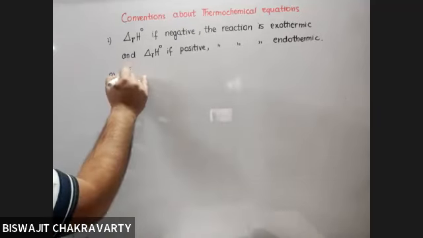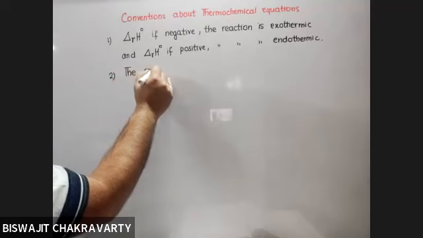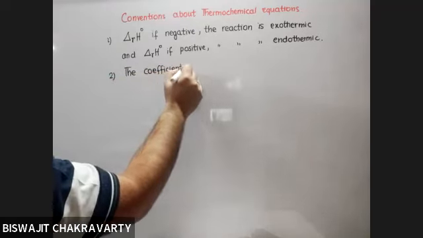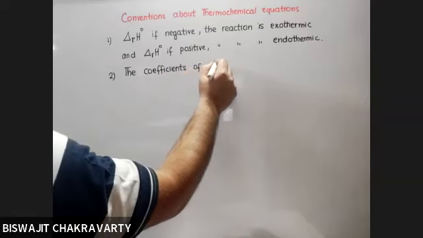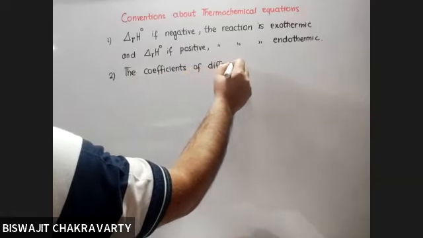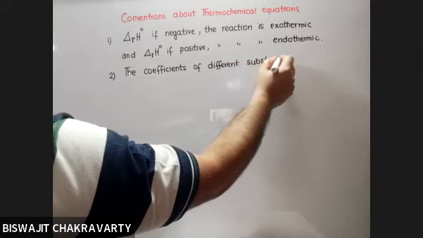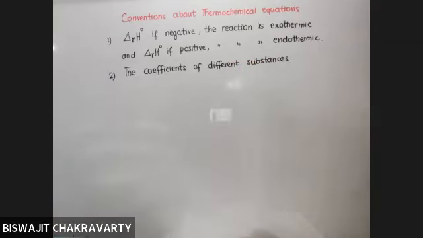Number two, the coefficients of different substances in a balanced thermochemical equation show the number of moles of the respective substances. Now, what is the meaning of the term coefficients? Coefficients are the numbers which are written in front of the reactants and products. And what are these numbers suggesting?